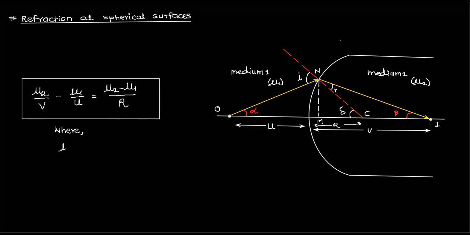So where mu 2 is refractive index of medium 2. Next one, mu 1 is refractive index of medium 1. Next, r is radius of curvature.